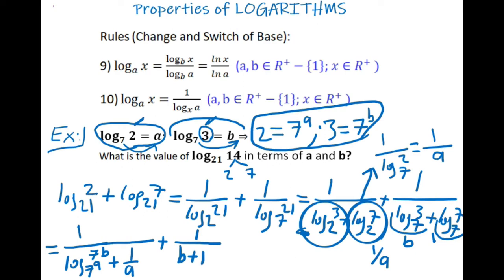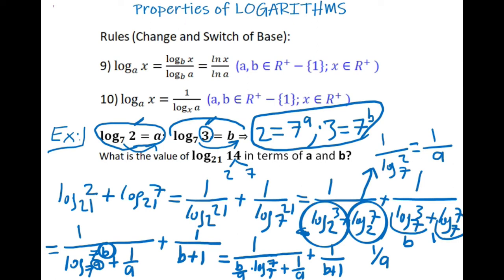And now this is going to be equal to, you have b, 7 to the power of b. In the base part, we have 7 to the power of a. If you remember the properties again, we can write this expression as 1 divided by b divided by a times logarithm of 7 in base 7 plus 1 divided by a plus 1 divided by b plus 1.